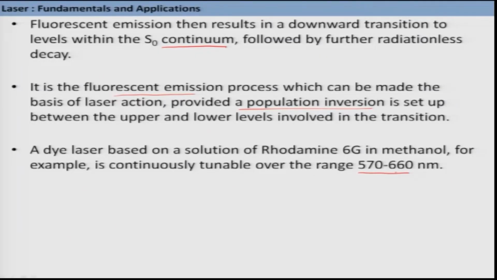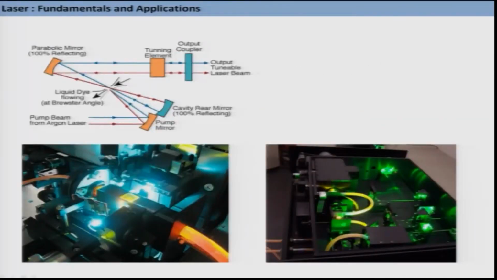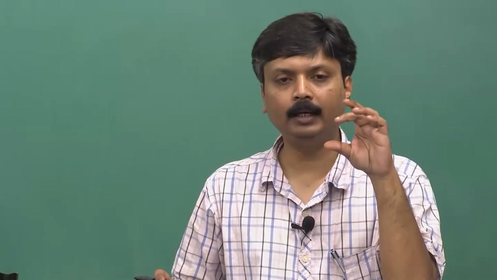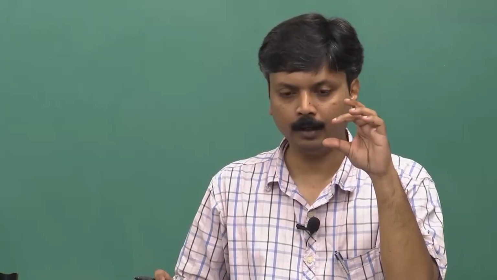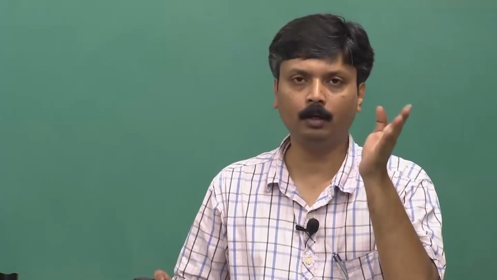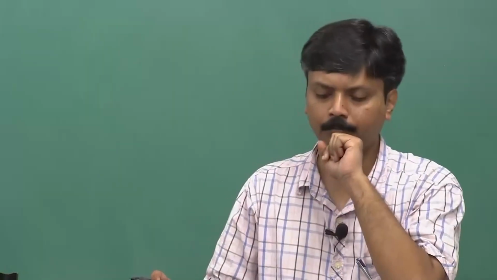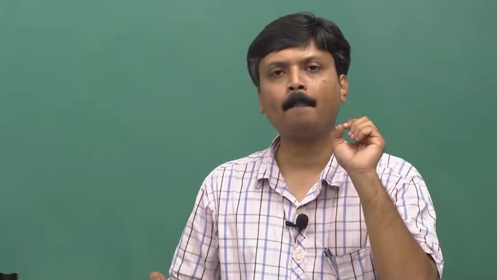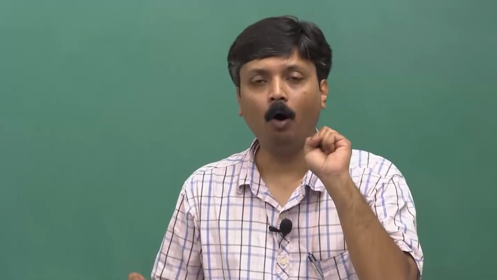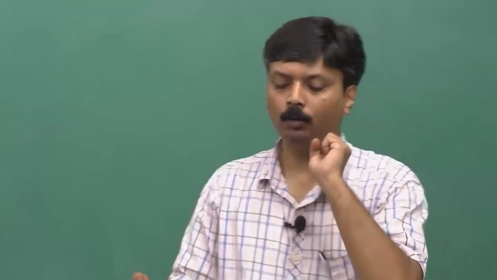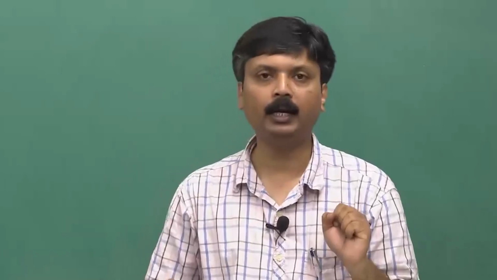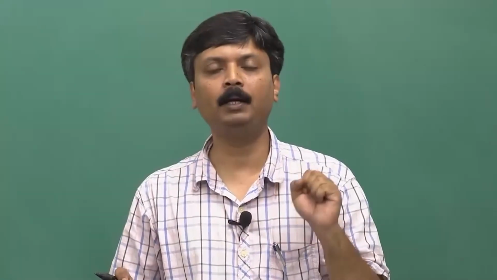Now let's have a look at the experimental aspect of this. How is this achieved? The dye is sealed in a transparent container, either glass or quartz, and this is excited either by a flash lamp or by another laser. The most common excitation for a dye laser is pumping by a solid state laser like Nd:YAG in the visible.